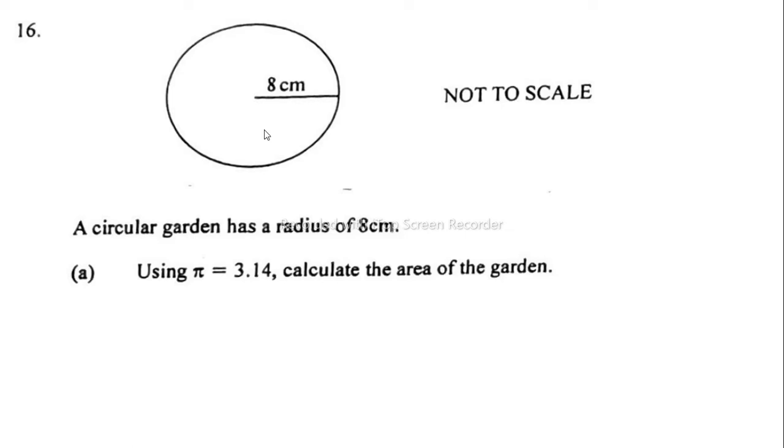All right. So here we have a circular garden, and it has a radius of 8 centimeters. Now the radius is this line segment here. The radius is always half of the diameter, all right? So the radius is 8 centimeters, and we have to find the area of this circle.